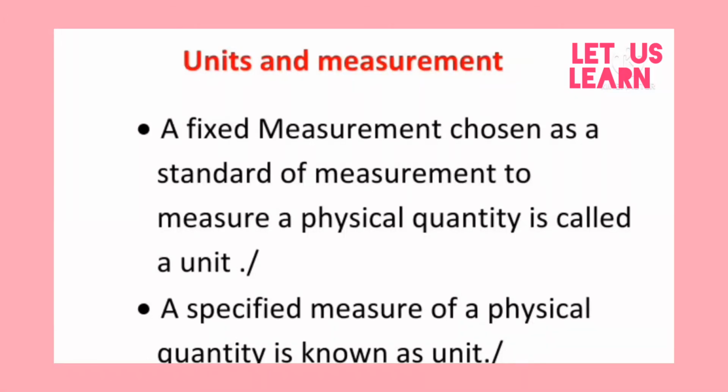In this video, we shall learn about one of the important concepts of physics, that is units and measurement. Physics is an exact science. So the most basic aspect of the study of physics is the measurement of physical quantity.